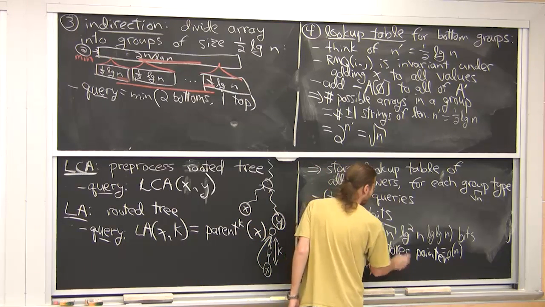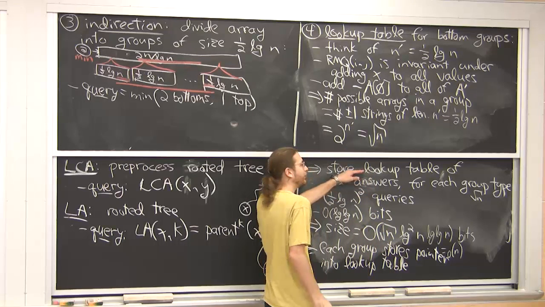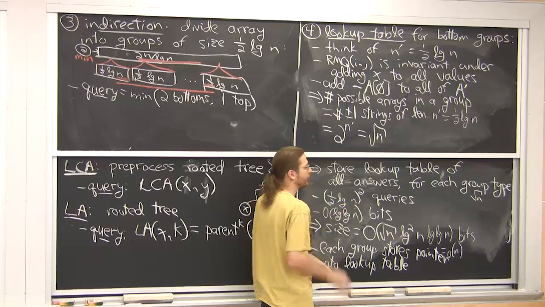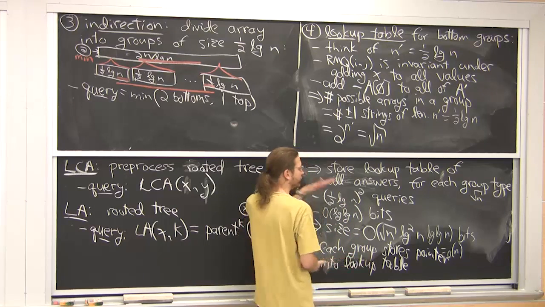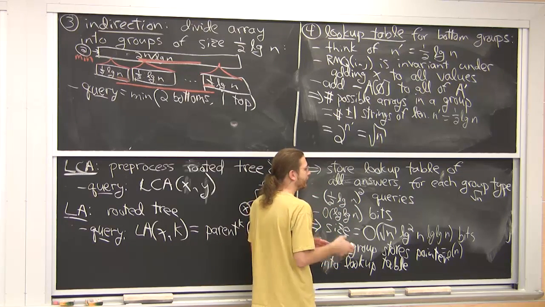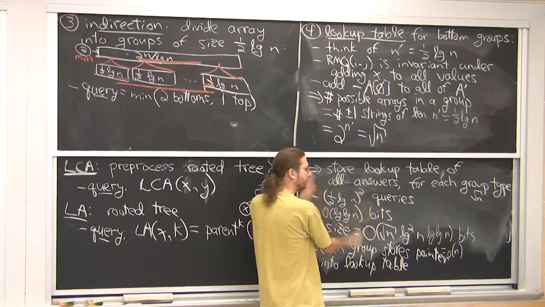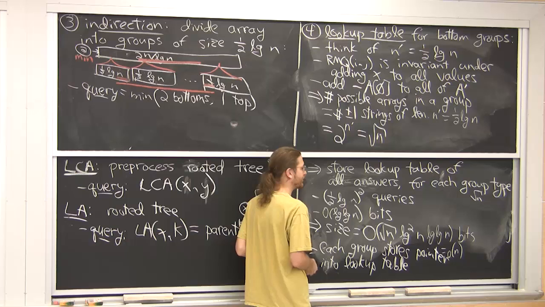I'm of two minds whether I think of this as a single lookup table that's parameterized first by group type and then by the query. So it's like a two-dimensional table or three-dimensional, depending how you count. Or you can think of there being several lookup tables, one for each group type, and then you're pointing to a single lookup table. However you want to think about it, same difference, as they say.